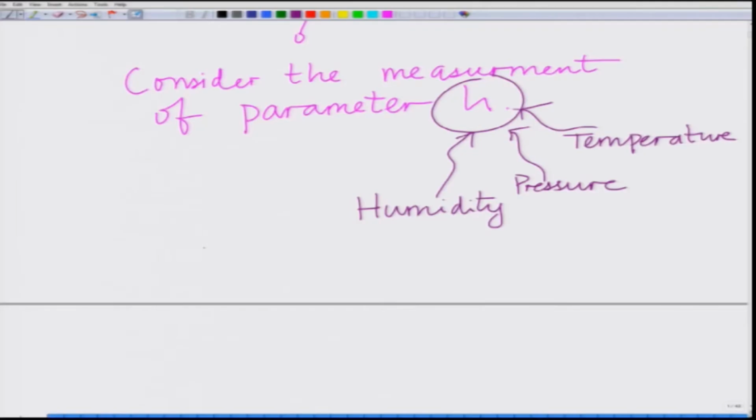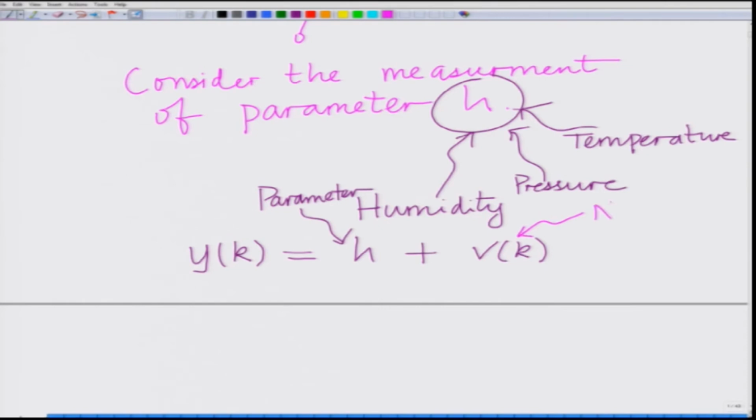So at the kth sensor, we have yk equals the parameter h plus vk, where vk is your noise, which we are going to assume is Gaussian with mean 0 and variance sigma square.